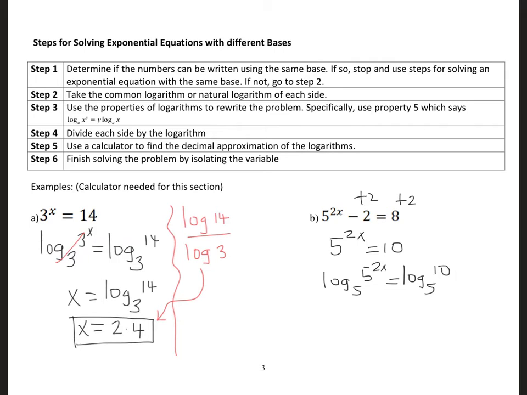And see, this helps me to isolate the x. So x is going to be logarithm to base 5 of 10 divided by 2. And when I put this in the calculator, I get 0.7. So that's going to be the answer.